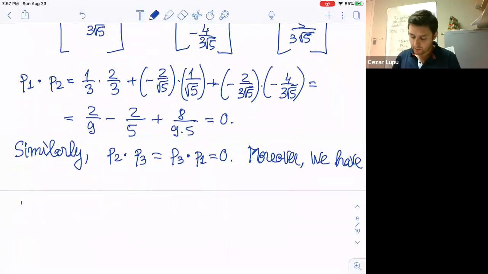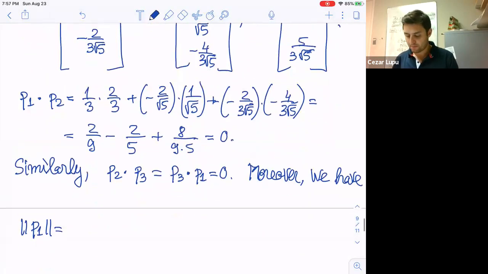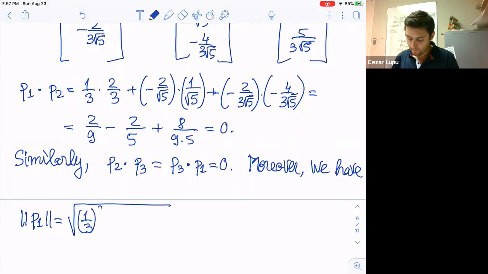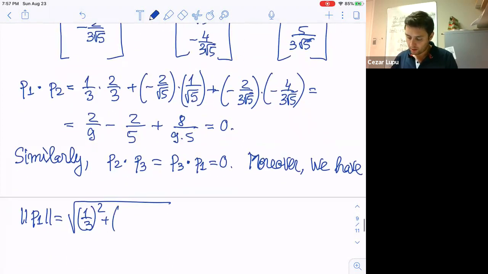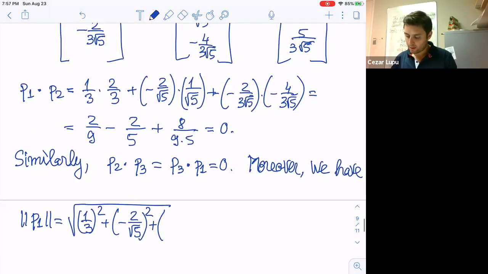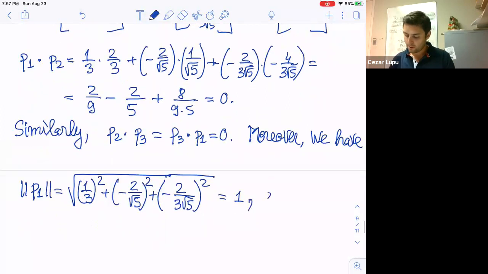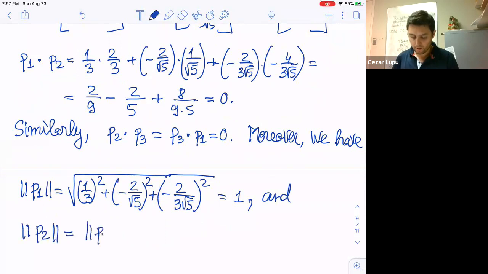The norm or the length of P1 should be the square root of (1/3) squared plus (-2/√5) squared plus (-2/(3√5)) squared. The square root of this, if you do the computation, will give us 1. And the same happens for the length of P2 and the length of P3.